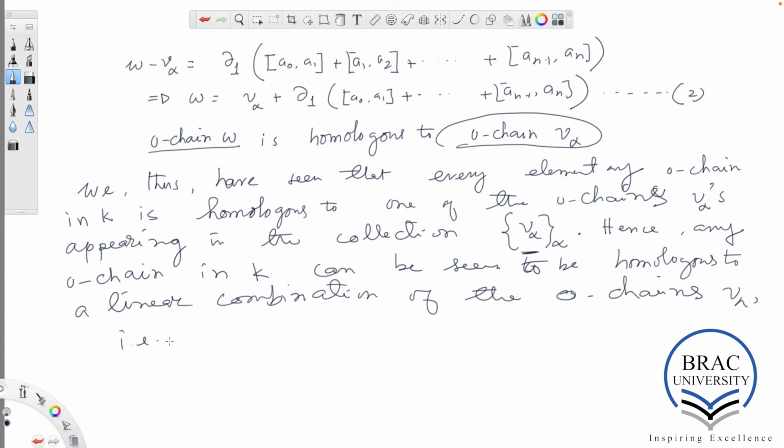That is, C is equal to the sum of N alpha V alpha, where N alpha are integers. Integral linear combination, of course.